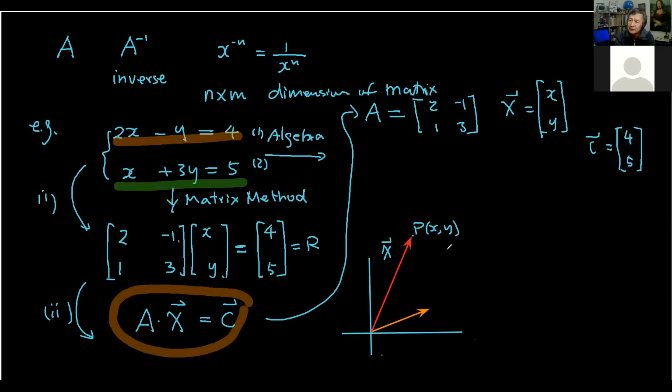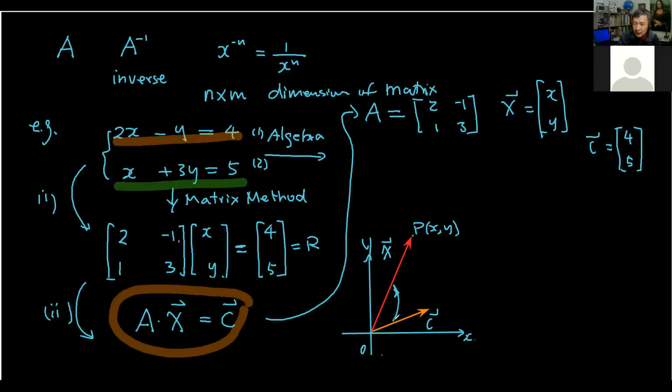This is our C, and this is the origin. What does it mean when you multiply the vector by a square matrix? It transforms a vector into a new vector.